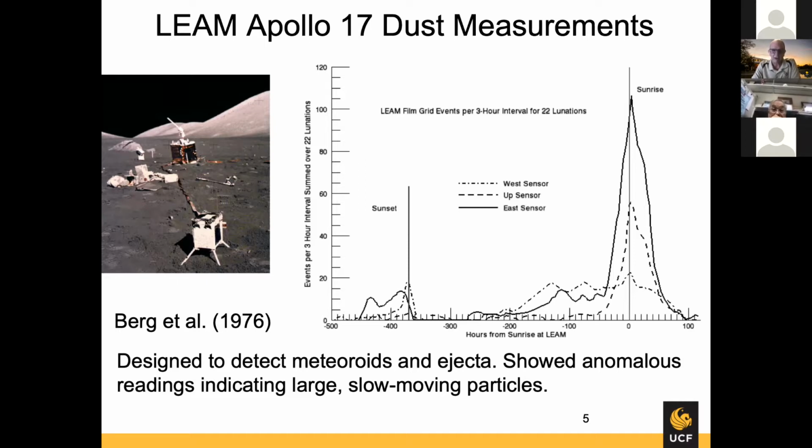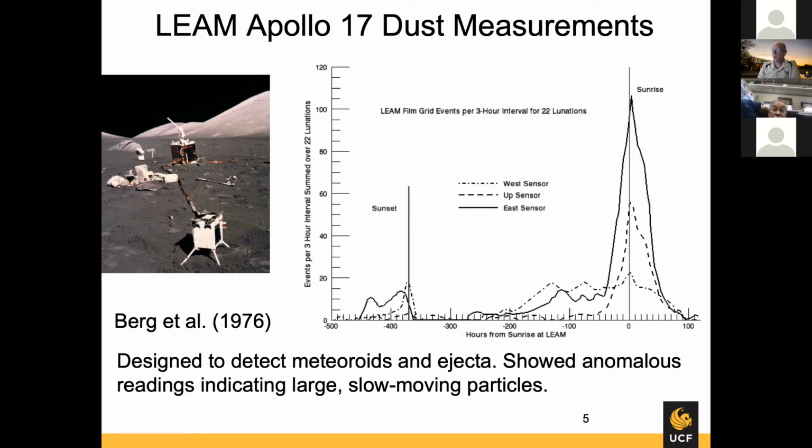impacting at least tens of meters per second for ejecta particles, up to many kilometers per second for meteorite impactors. Instead, they saw very different kinds of signals than they were anticipating, which they interpreted to be larger particles, but slower-moving particles.